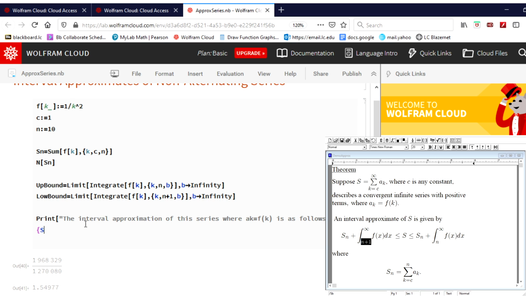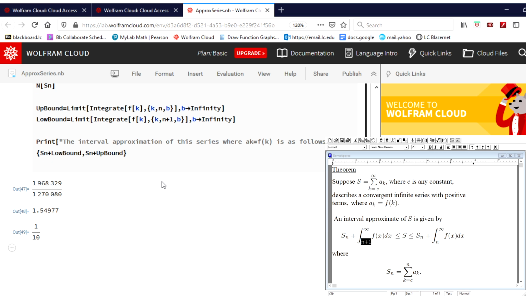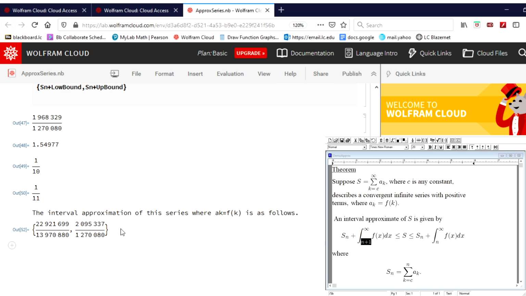What we are going to need is the value s sub n, and add that to our lower bound, and follow that with s sub n added to our upper bound. Now when I hit enter, it will actually call out this interval approximation.